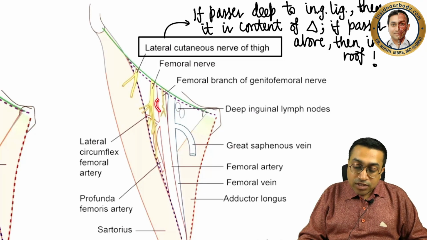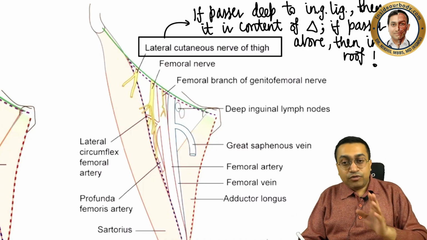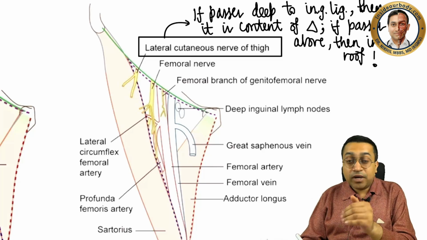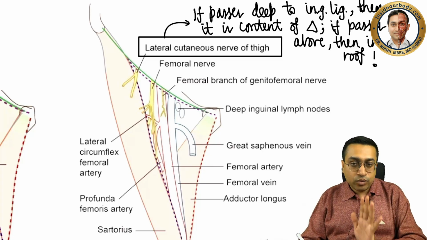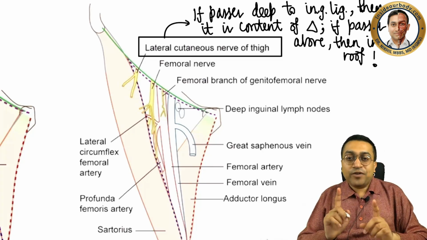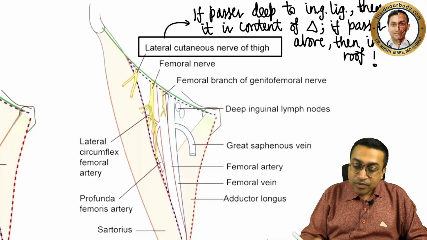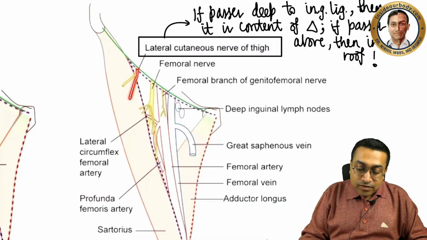So the femoral sheath has some contents which will come in a while. The femoral branch of the genitofemoral nerve is a content of the femoral sheath, but the femoral nerve is not. I am repeating this fact again and again because it is super duper important, you cannot skip it.